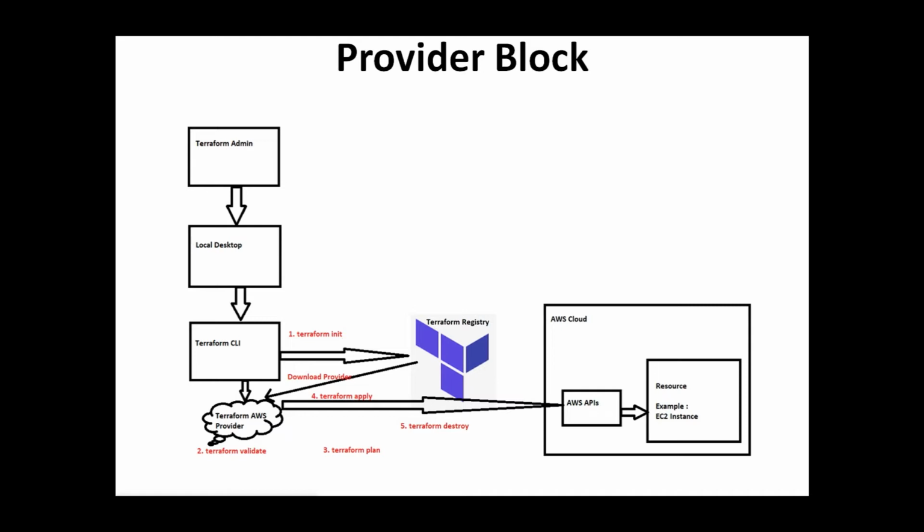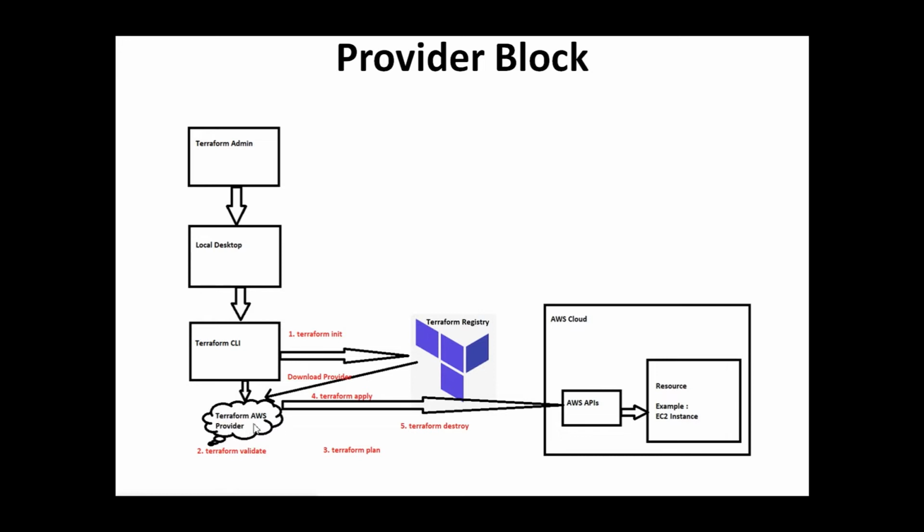Similarly, if you want to destroy that resource, you execute the Terraform destroy command, and then it will call those respective APIs and then delete it. Who is calling it? It is the Terraform AWS provider.